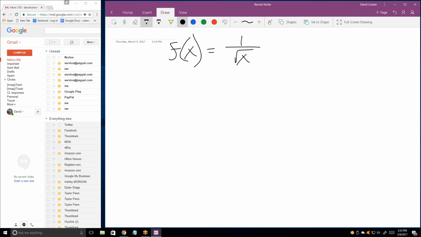In other words, if I say f of x equals 1 over x to the 1/2, that's the same thing, correct? Now put that in the numerator. So x to the negative 1/2.